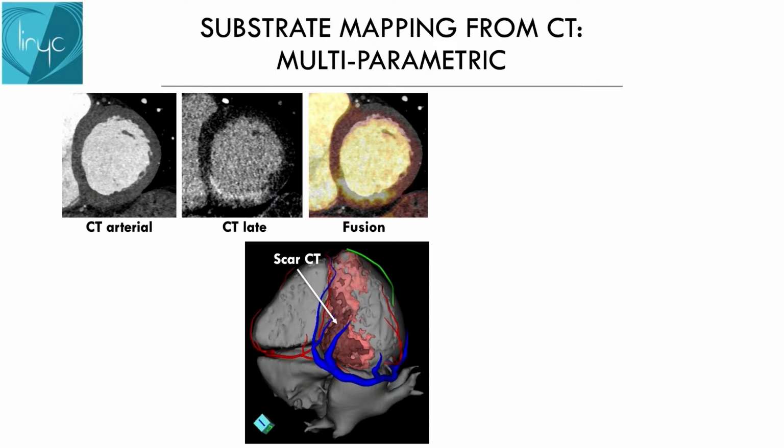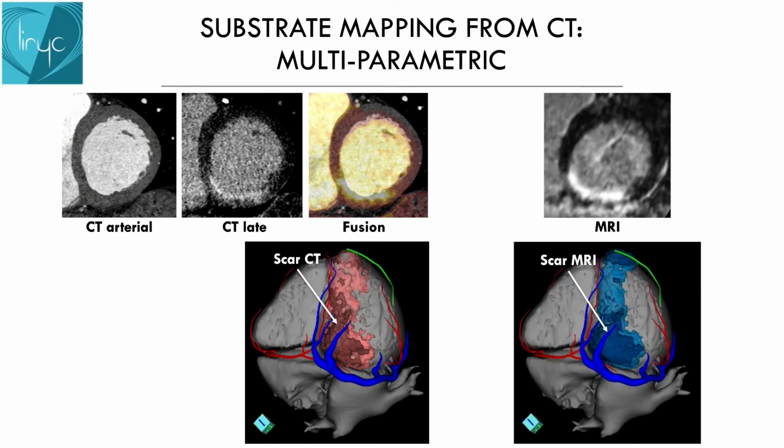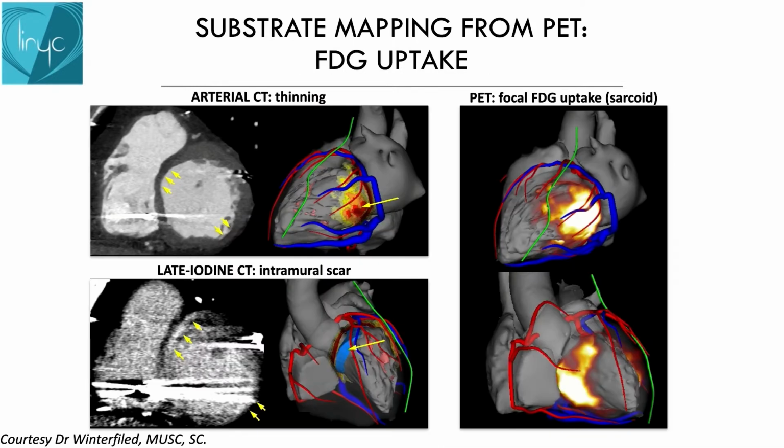So the substrate assessment is multiparametric with CT scan, and you can see in this patient that the late iodine is giving you a pretty nice description of this inferior myocardial infarction, and very similar to what the late GAD enhancement with MRI is showing.